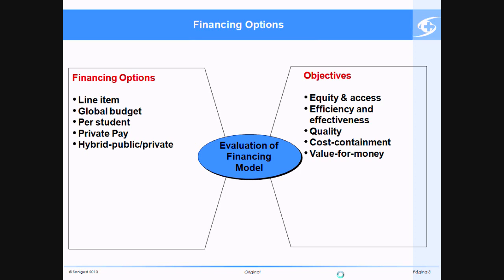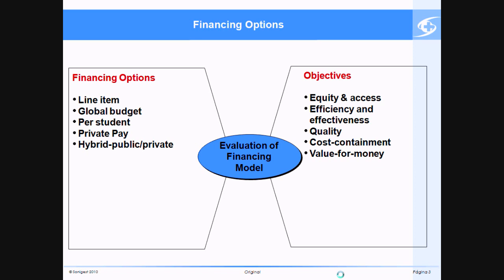Yet another model is a per-student model, where schools are financed based on the amount of students that they have. And private pay is a fourth model, in which the client or the students would pay for school services. And finally, there is the hybrid public-private model.